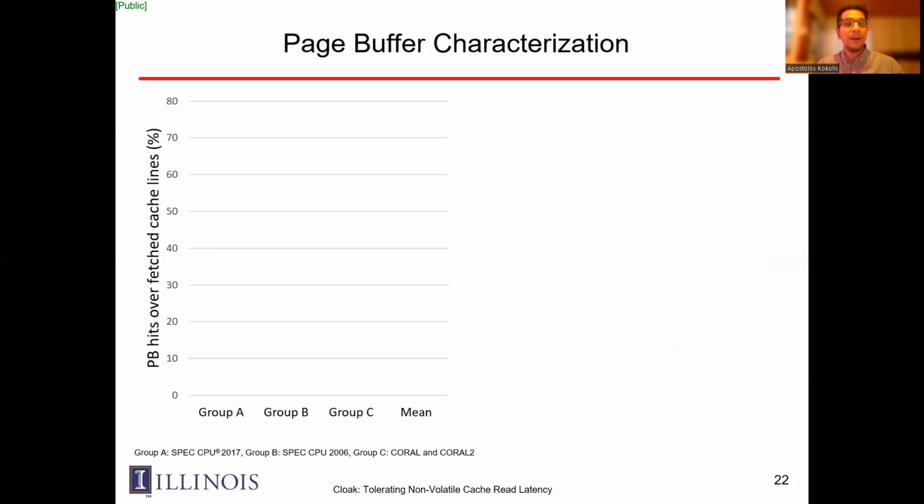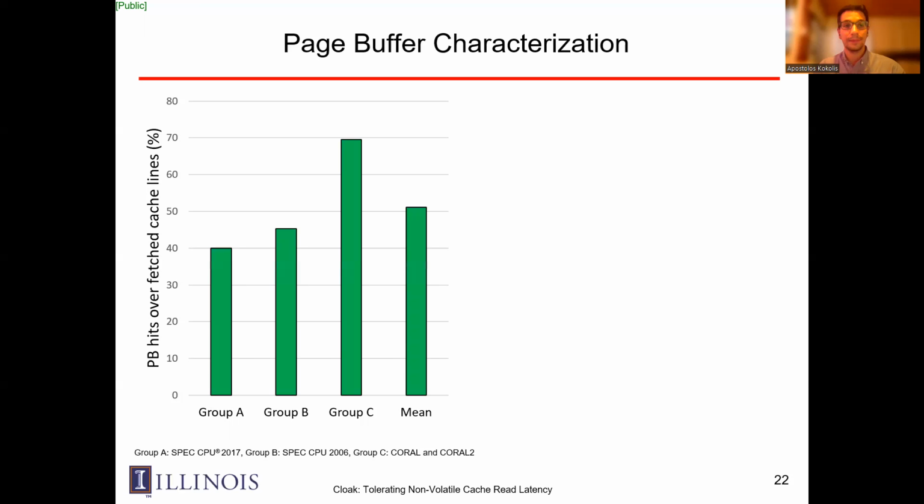To characterize the page buffers, the left graph shows the percentage of cast lines promoted into page buffers that are actually accessed from the page buffers. We group the benchmarks into 3 different groups. Group A has SPEC CPU 2017, B has SPEC CPU 2006, and Group C has the CORAL benchmarks.